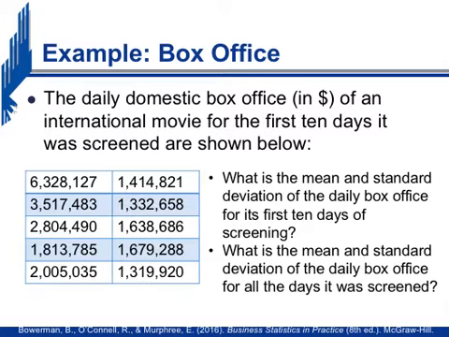For the second question, the sample mean should be 2,385,429.3, while the sample standard dev will be $1,553,328.994. So again, the formulas used for these two questions are different because we were being asked to describe two different data sets. For the first one, only for the first 10 days, but for the second one, for all the days it was screened.